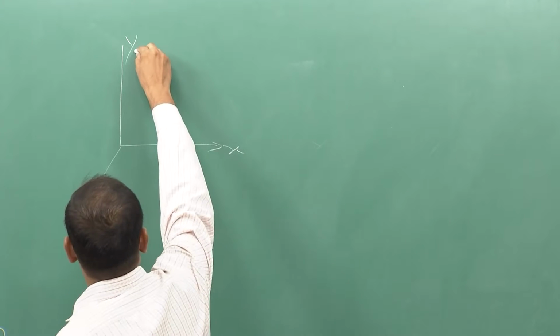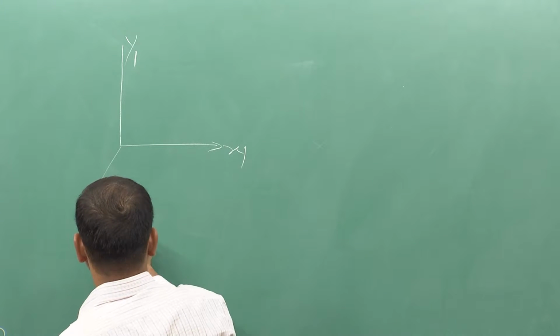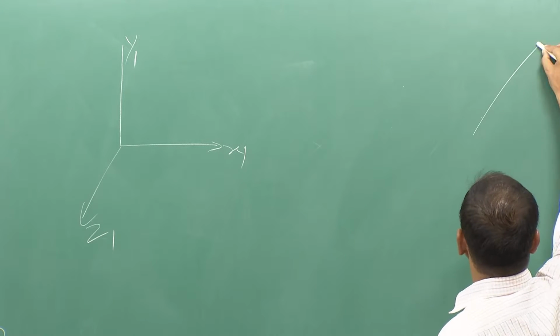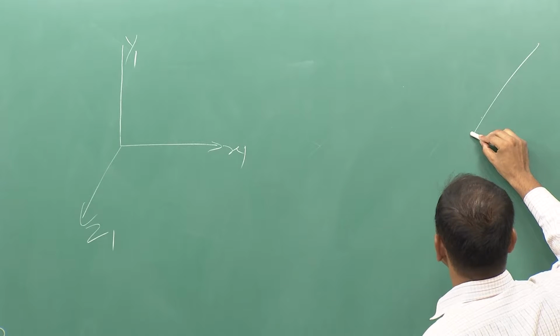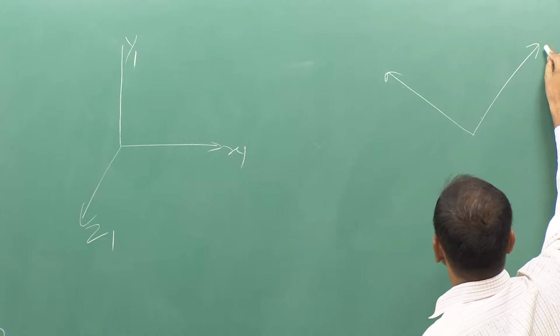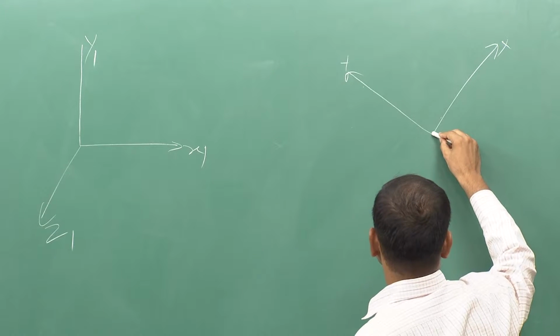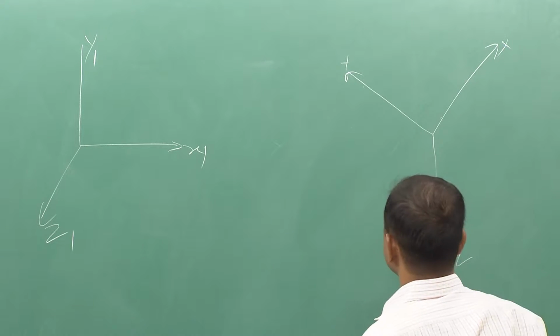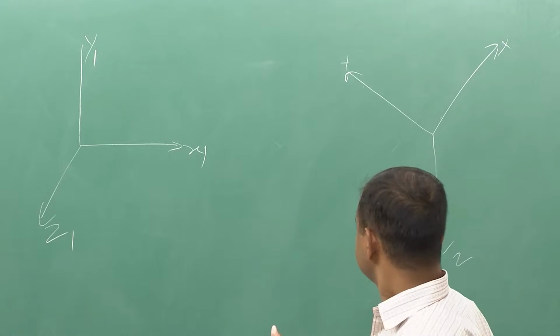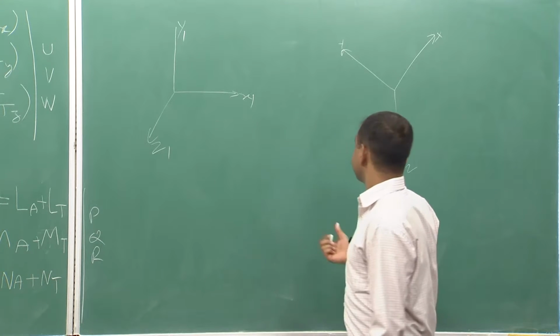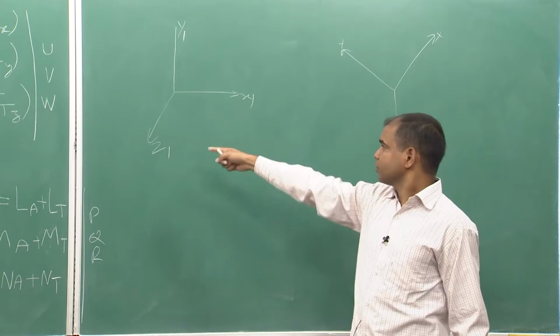If I write it x 1, y 1 and z 1, and we have another frame, this is our aircraft body frame. So, how can we transform our equation from this frame to this frame or this frame to this frame?